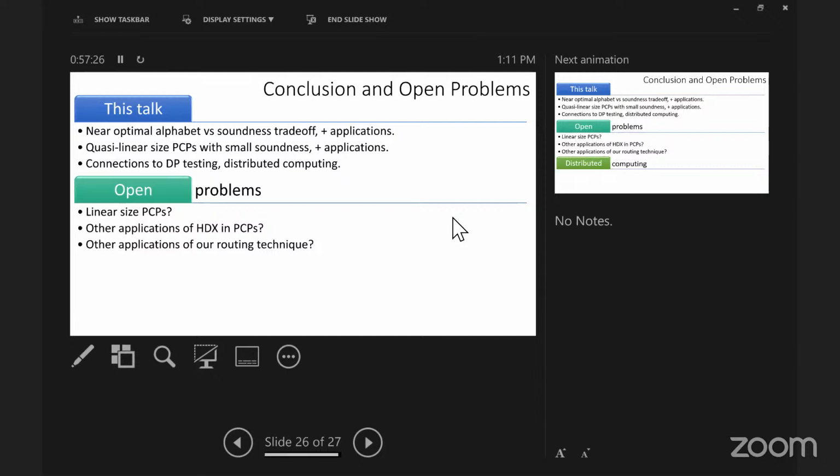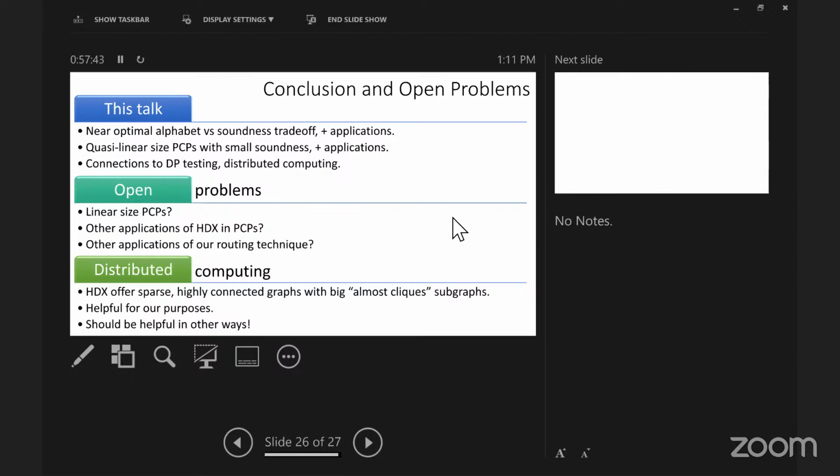My belief is that once there is one application, there should be more than one. So this is the first application of HDX in PCPs. And are there any other ones? And are there any other applications of our routing idea? I don't know.